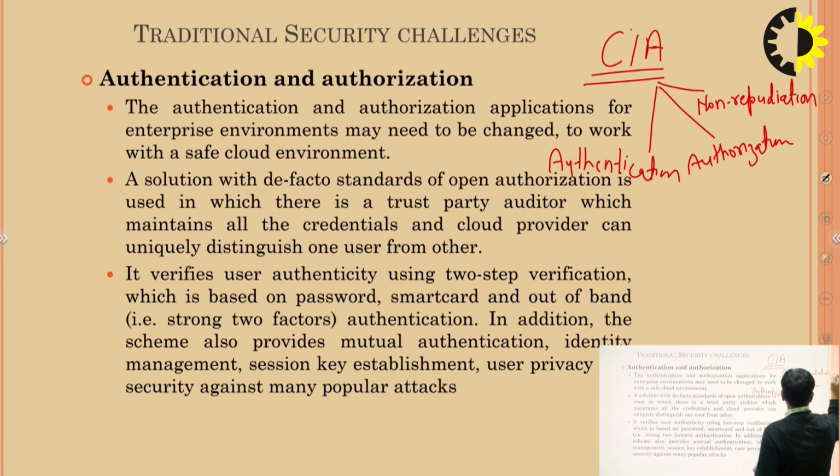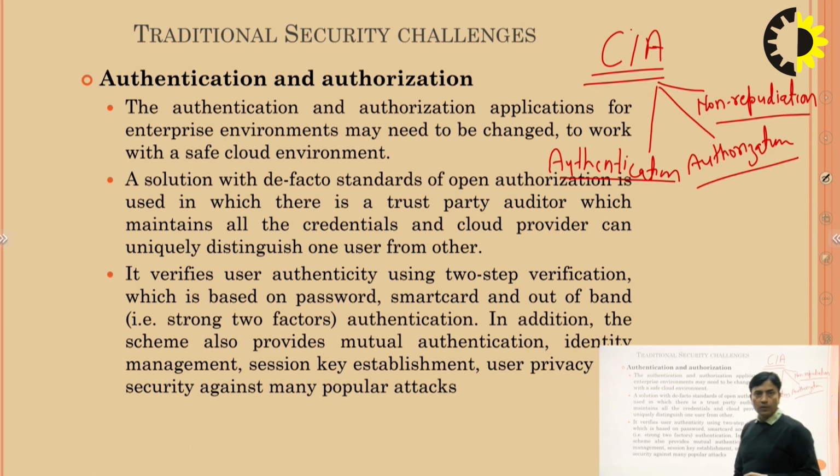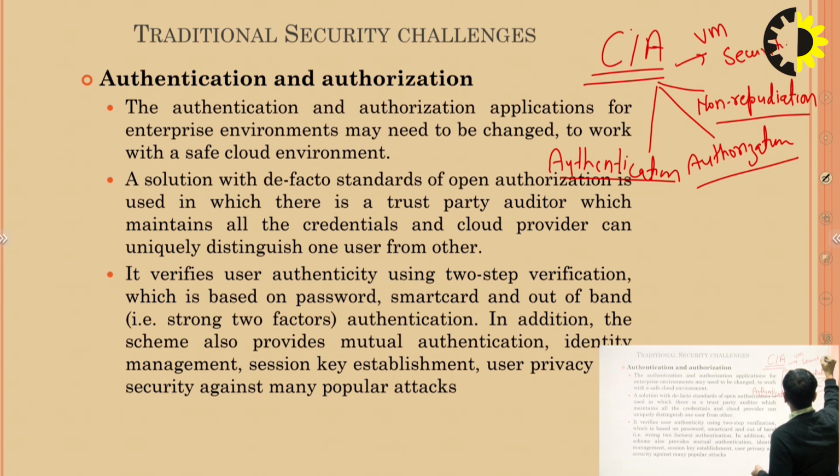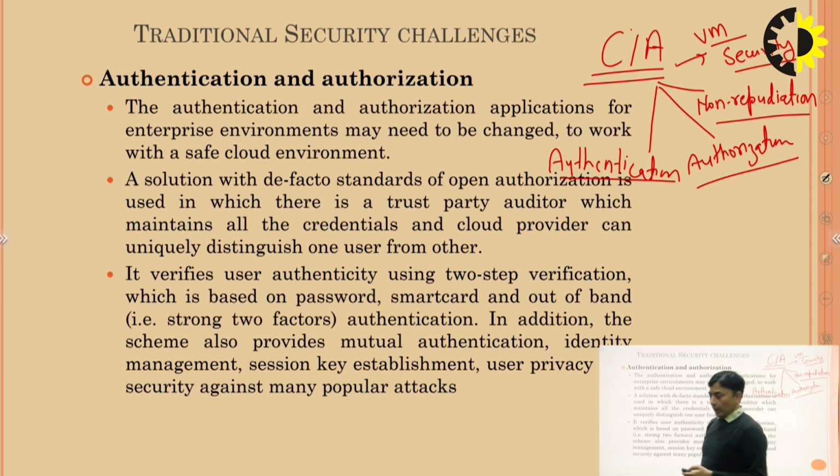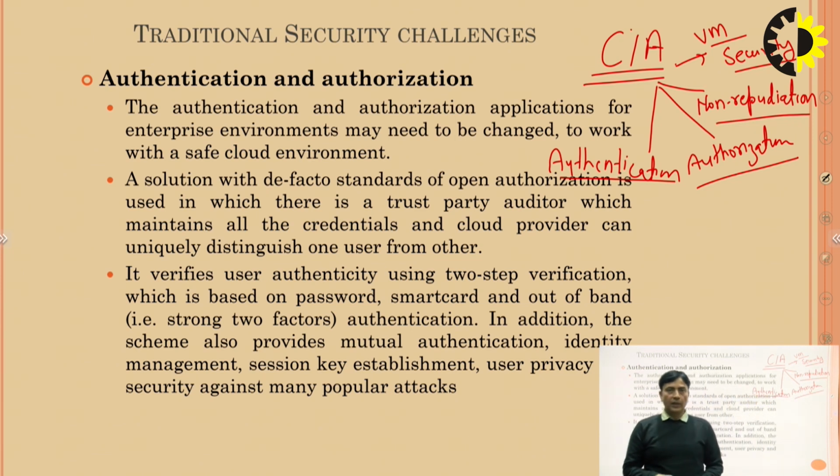And there is one more factor, that is VM security. VM means virtual machine security. So along with the CIA, which is very important, there are some other parameters also that you have to ensure.